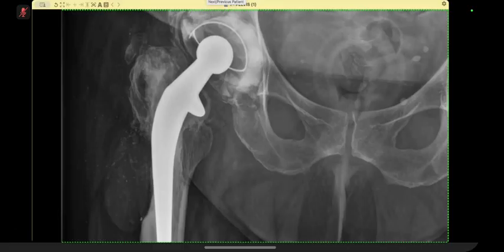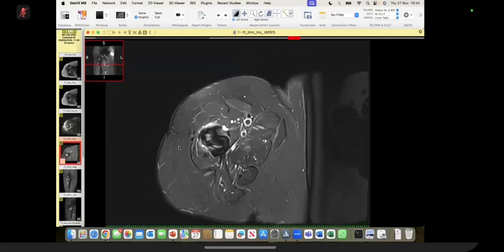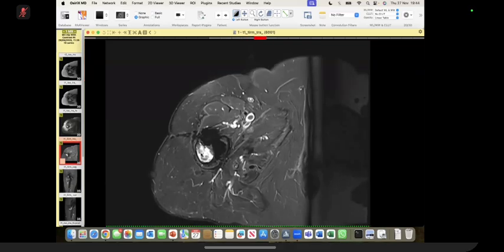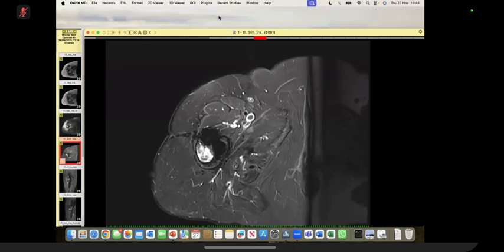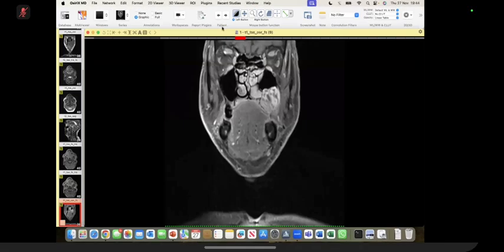Having said that, this particular thing is visible, and you can see some debris inside. And you can see how it is eroding. I think you have to develop your eyes to pick it up on a plain film when you see this kind of appearance. So this was a STIR sequence.